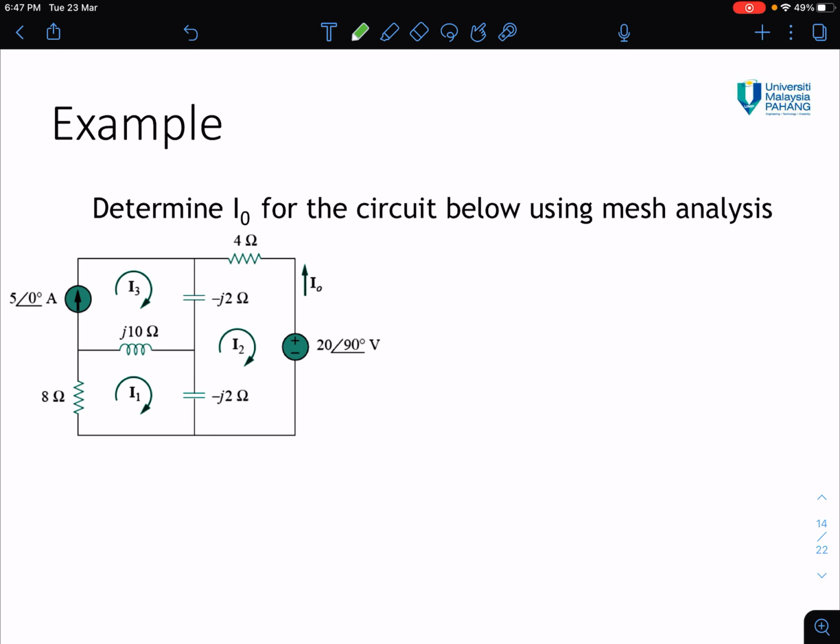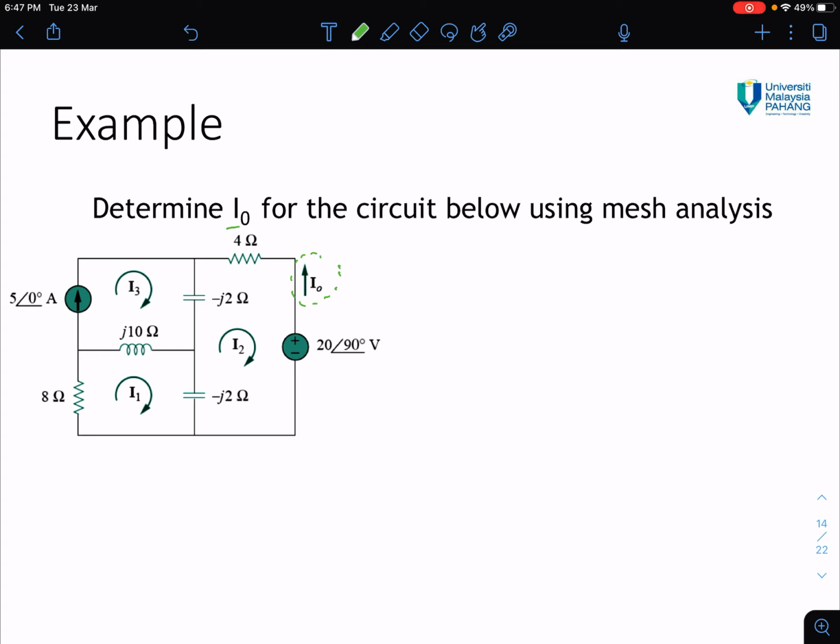In this circuit, the question is to determine I naught using mesh analysis. Here is our I naught. Before you solve I1, I2, I3, look at all the parameters inside the circuit.